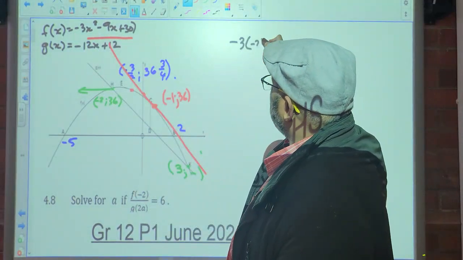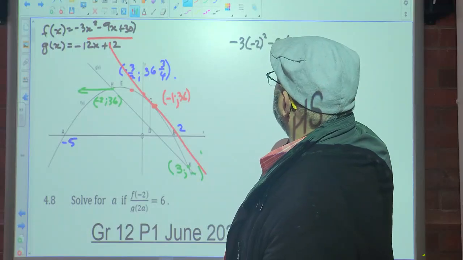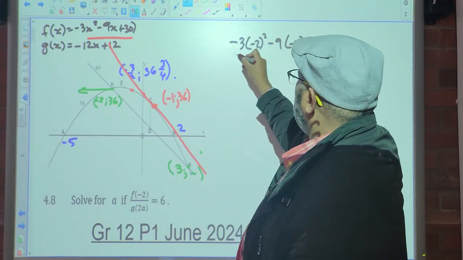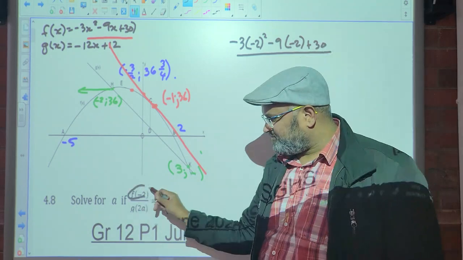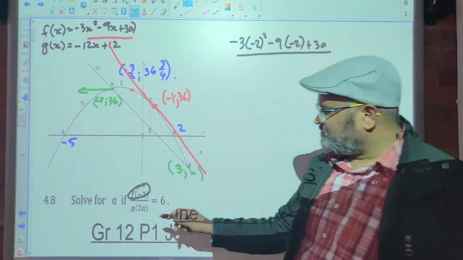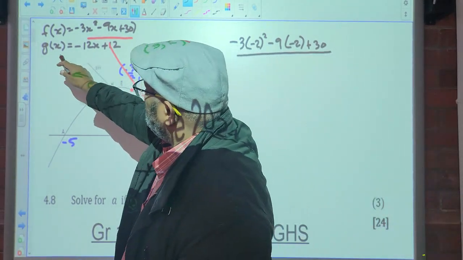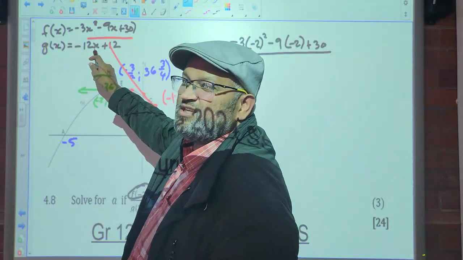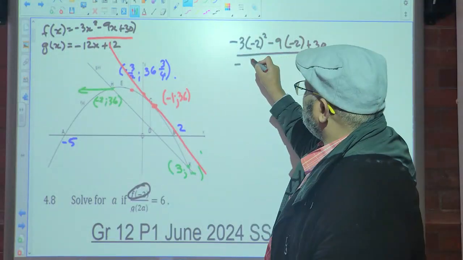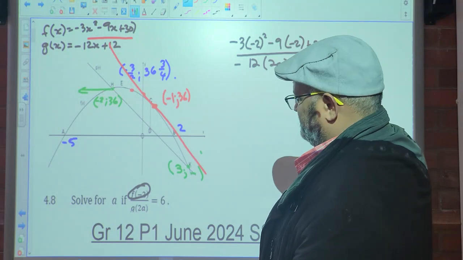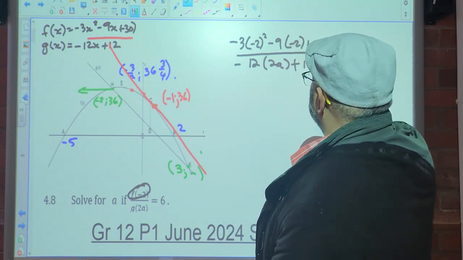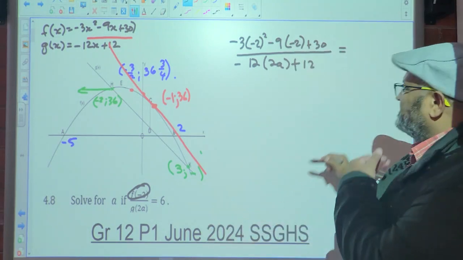So it's -3(-2)² - 9(-2) + 30 over, so this is this part here, g(2a). Whenever I see an x, I replace it with 2a. So it's going to be -12 times 2a + 12. And this is equal to 6.